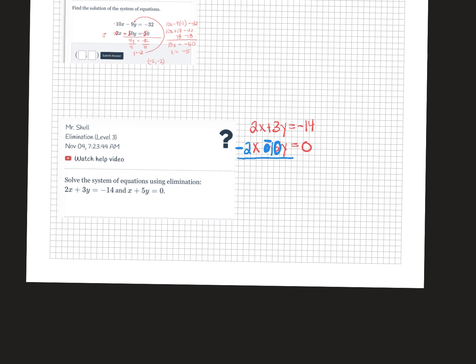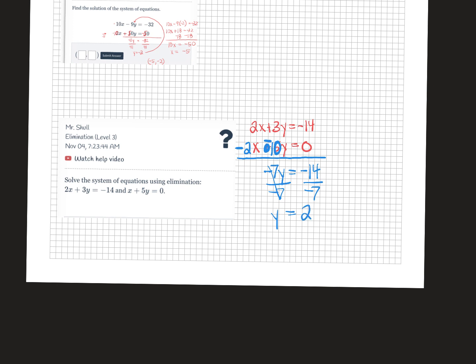Here we go. 2x minus 2x gets rid of the x's. 3y minus 10y is negative 7y equals negative 14. Divide by negative 7, and it turns out that y had to equal 2.